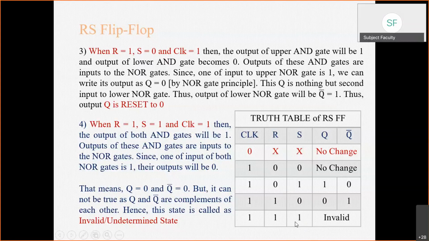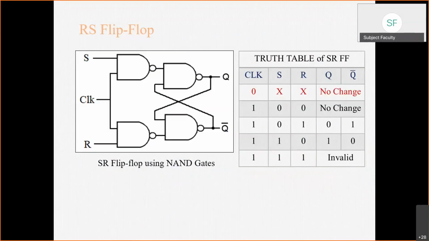We have made some changes in our circuit and removed this invalid case. We have replaced the invalid case by the toggle case. Now we will see the modifications of the JK flip-flop.